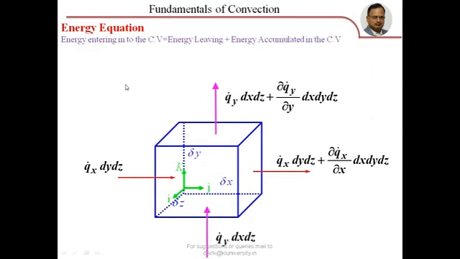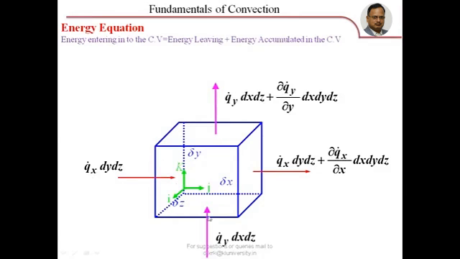Now let us move to the third one, energy equation. Energy entering into the control volume is equal to energy leaving plus energy accumulated in the control volume, as per the first law of thermodynamics. As usual, I have considered an elemental volume.